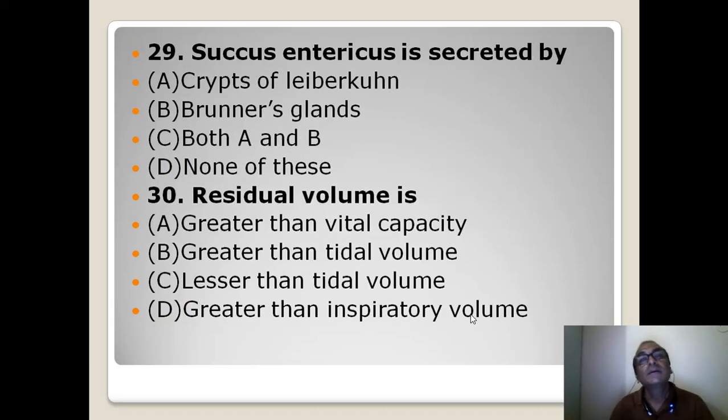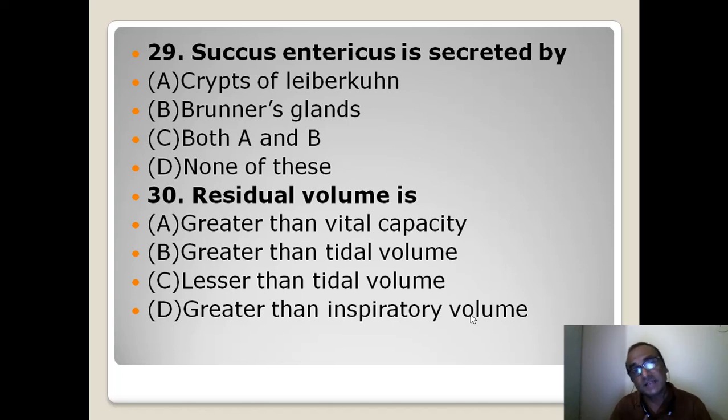Question number 29. Succus entericus is secreted by... Succus entericus is the digestive juice produced from the intestine. We know that the wall of the intestine has crypts of Lieberkuhn in between the villi, and these are the glands which produce the succus entericus.